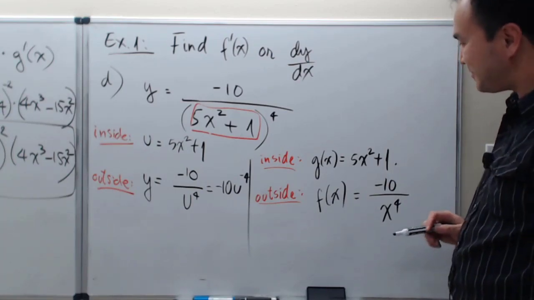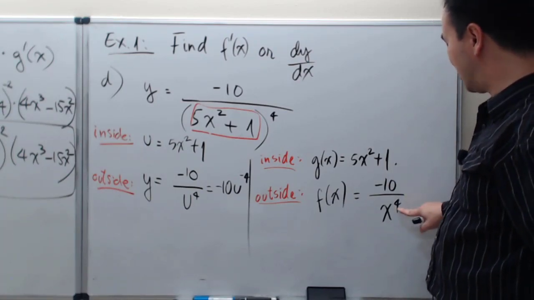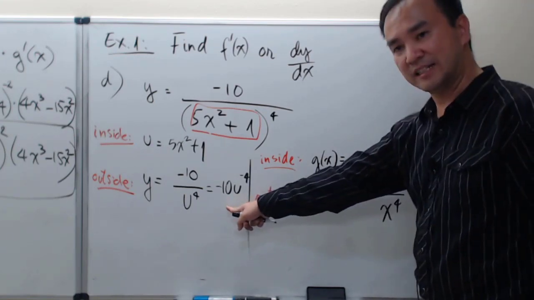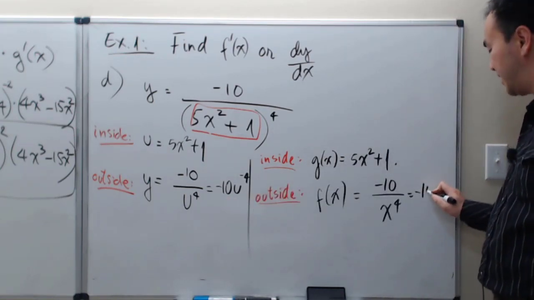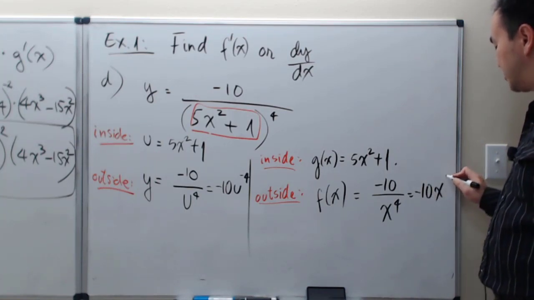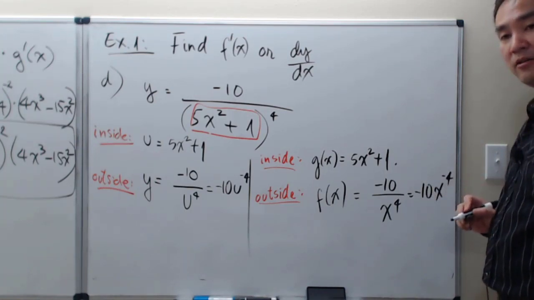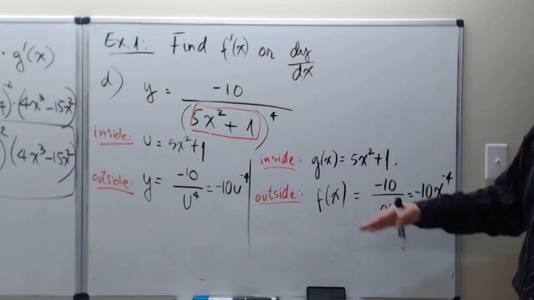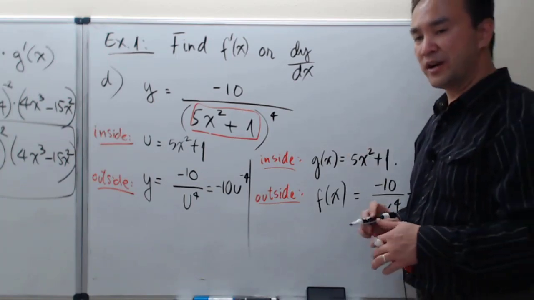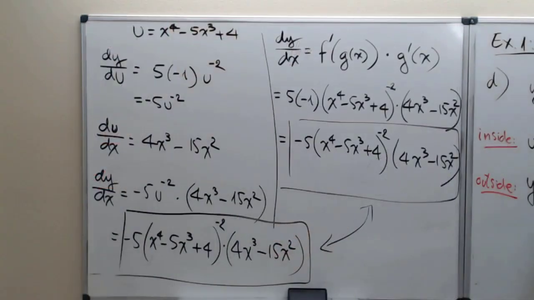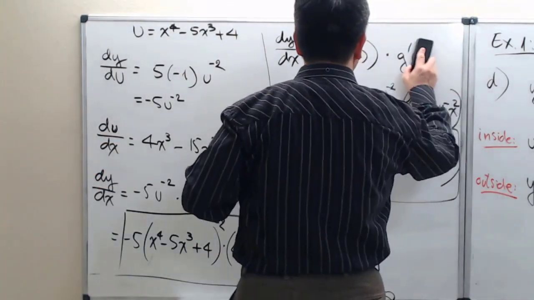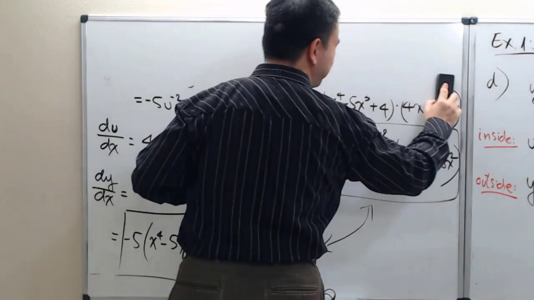And once we recognize that, it looks just like the other form right here, and we can once again think of this as negative 10 times x to the minus 4 power. Okay, so inside and outside functions are all ready. So let's move to the other board and get our complete solution up.